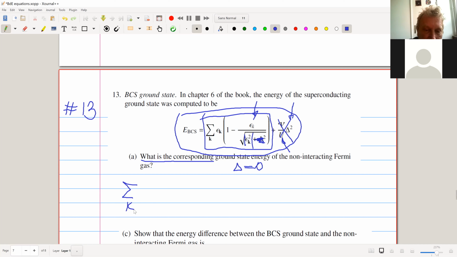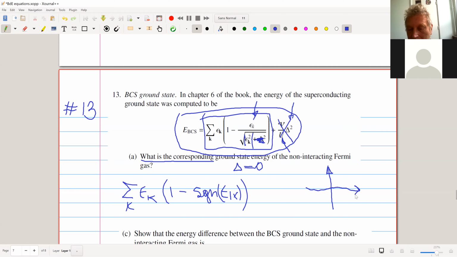Sum over k, epsilon k, 1 minus signum of epsilon k. What does it mean? It means that it is 0 at positive energies, and minus 2 epsilon at negative energies.